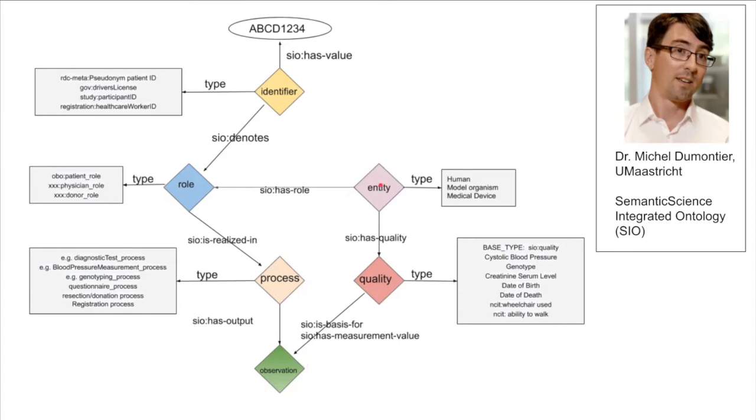Entities have qualities. So quality of systolic blood pressure, quality of date of birth, date of death, various other kinds of qualities. And those qualities are the basis of these observations. So that's the entire model. Identifiers denote roles, entities participate in those roles, entities have qualities, there's a process to measure that quality.